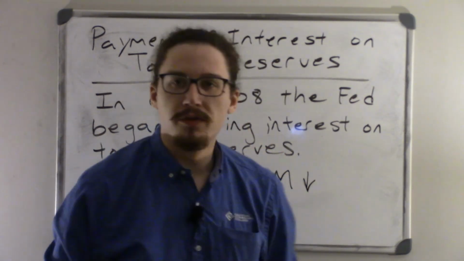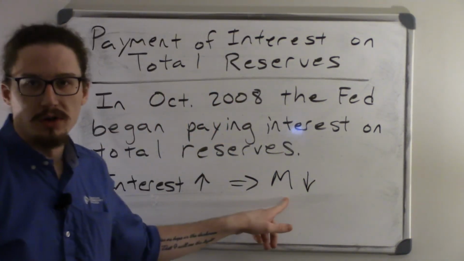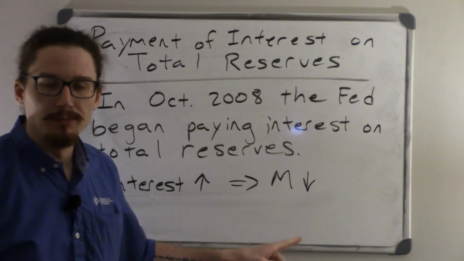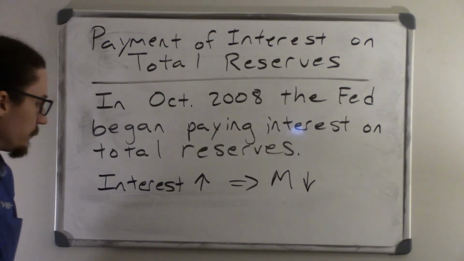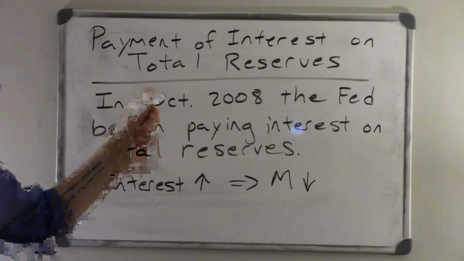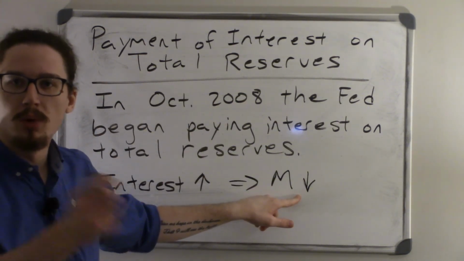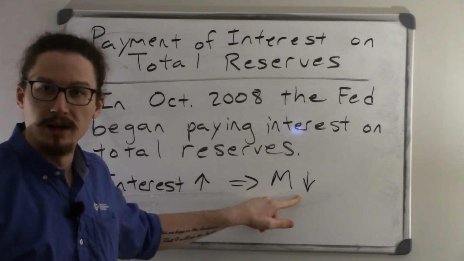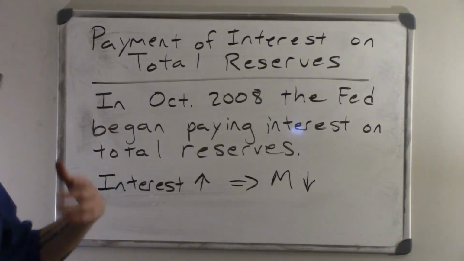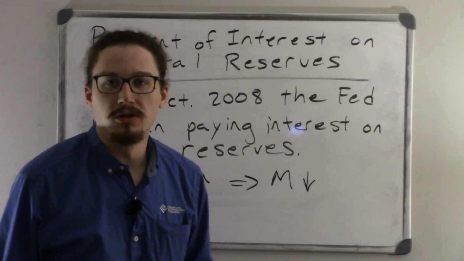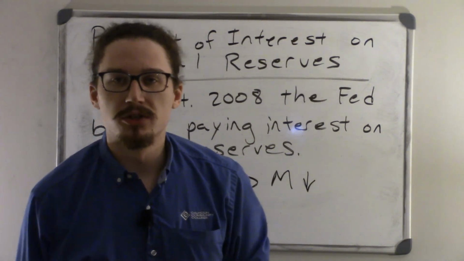And once I put it into an account with the Federal Reserve, it's no longer circulating around the economy, so the money supply decreases. So increase the interest rate, and it's going to decrease the money supply as account holders put more money into their accounts with the Fed.